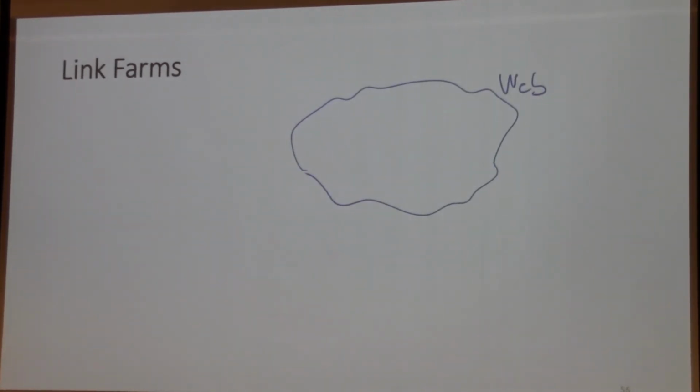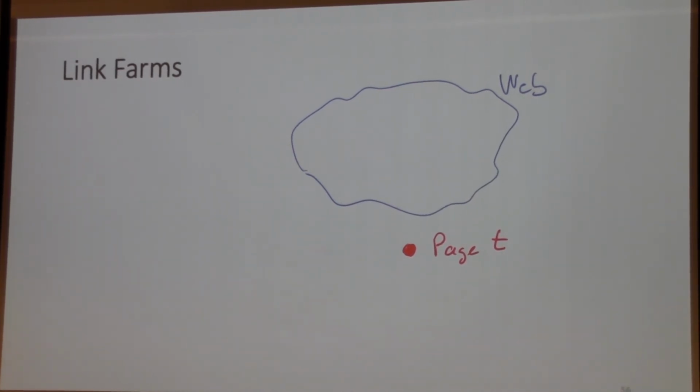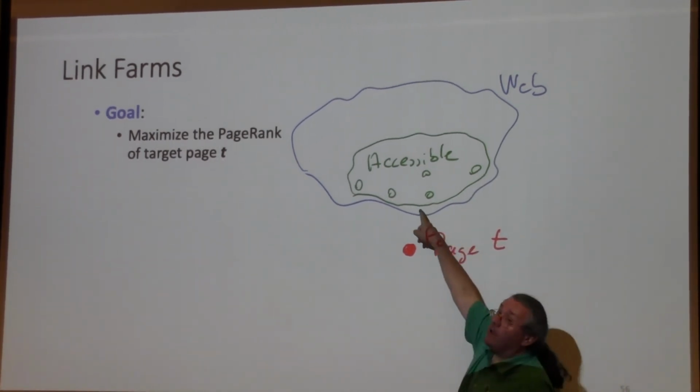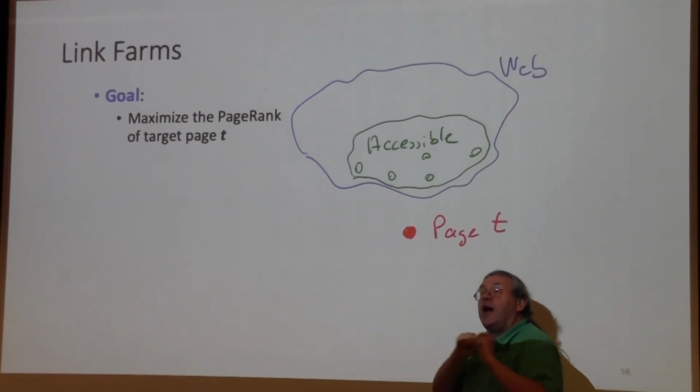So here's the web. Here is the page whose rank I want to increase, okay? And I want to maximize the rank of page T. Here are the accessible pages. These are the pages on the web that are owned by other people, but I can still add things to them.